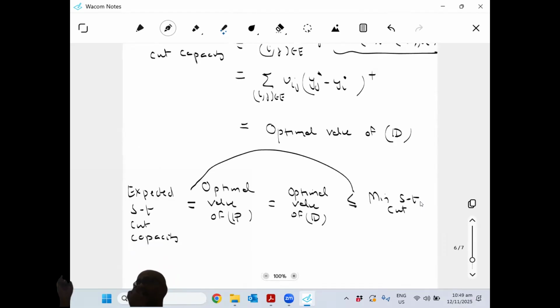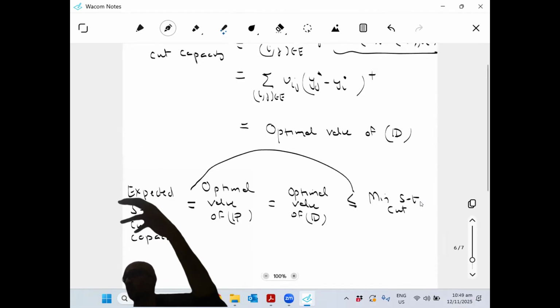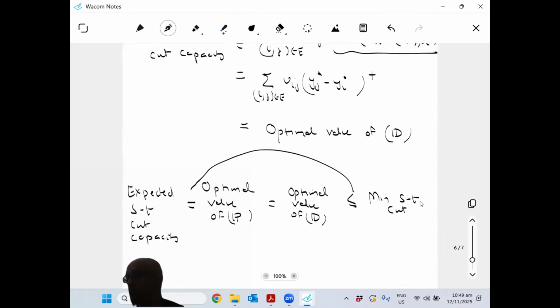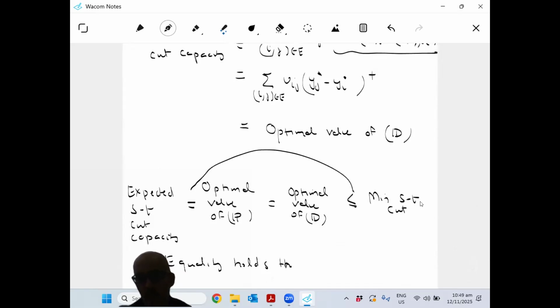I cannot have a random variable below some minimum number, because the smallest value is a bound on this number. I'm taking an expectation over this. So this has to be the same, right? So therefore, equality holds throughout.